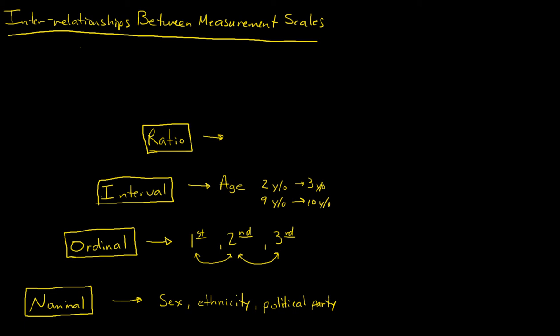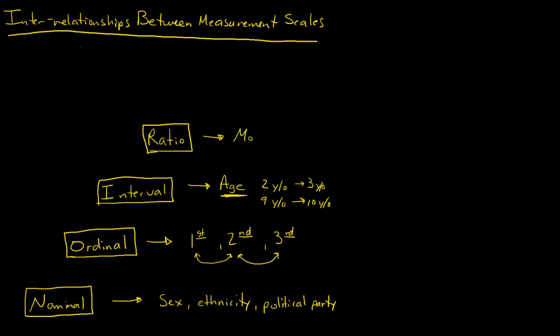Oh, by the way, down here, age, probably shouldn't have used that example, but age does have an absolute 0 to it. I probably should have used just years in general, like 1990 to 1991 is the same amount of time between 1992 and 1993. But let's use money up here.